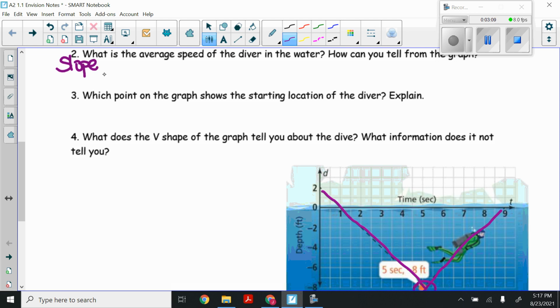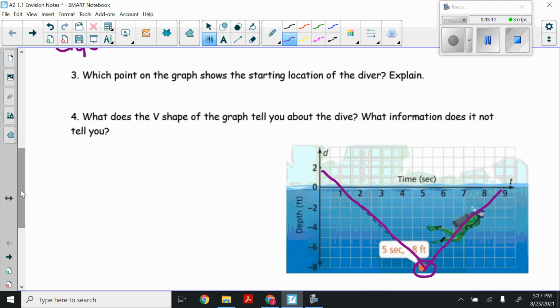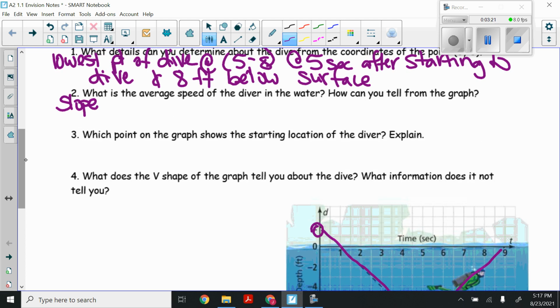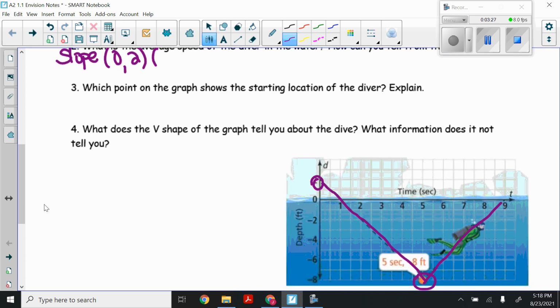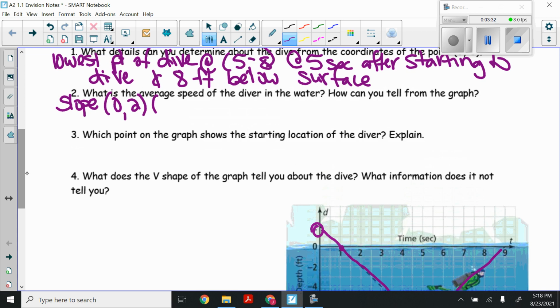So let's just pick 2 points. We know that we can find the slope of a line given 2 points, right? If I look at this first point right here, our starting point, that is the point (0, 2). And then just pick another point. This point right here, (1, 0), is also on my graph.